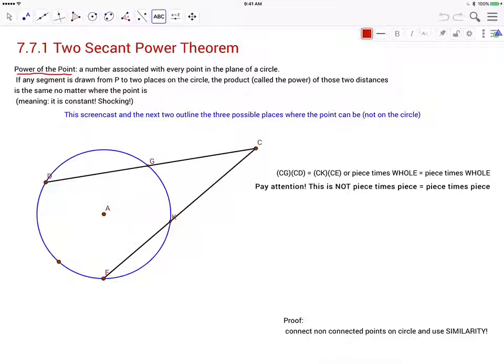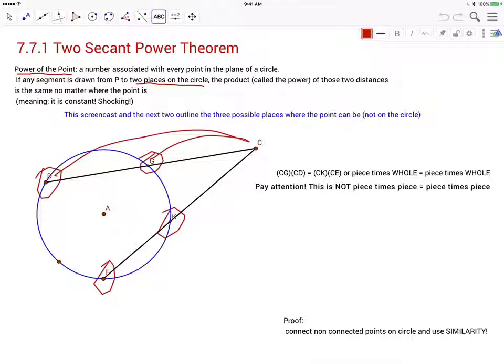C is drawn to two places on the circle. So we've got C drawn to G and to D and down here, okay? The product of those two distances is called the power of the point, and it is the same no matter where the point is. In other words, the product of this piece times the whole, right?